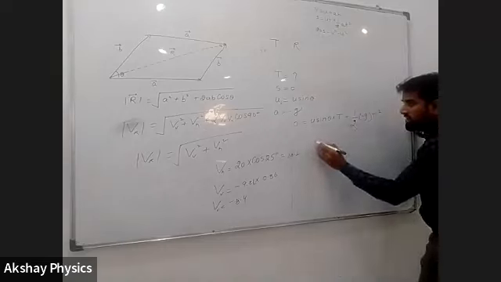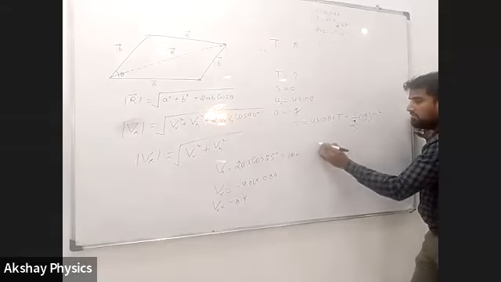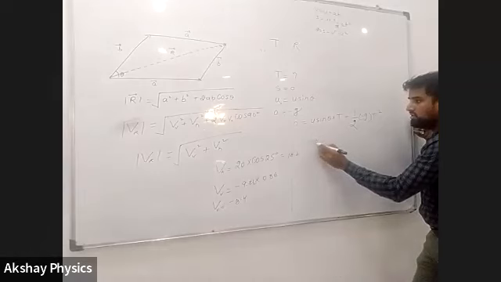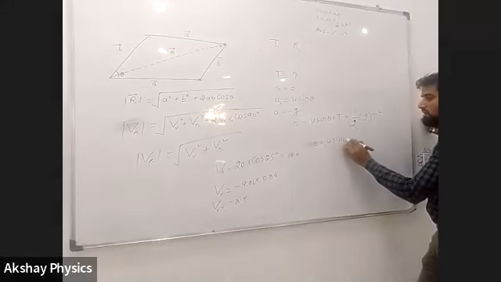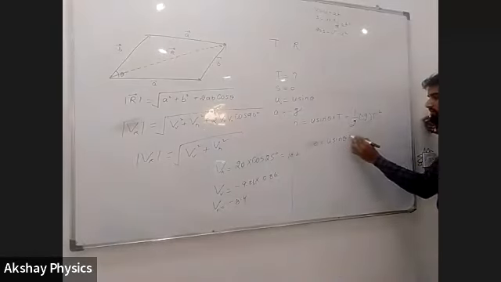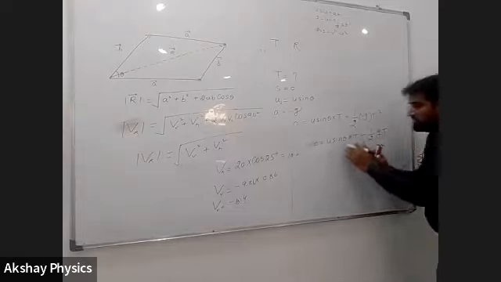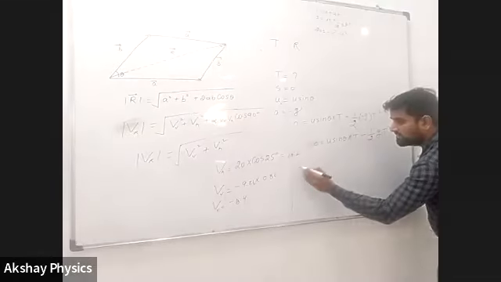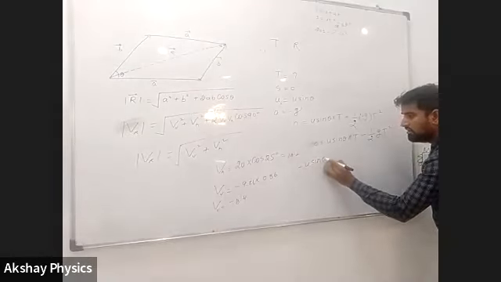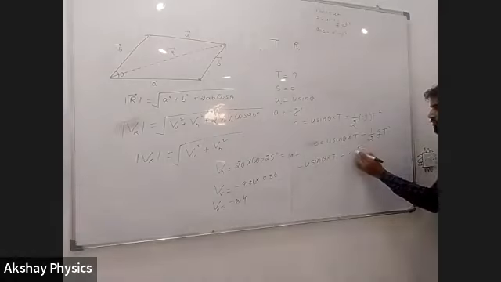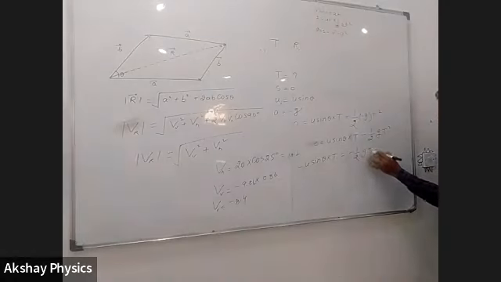So in this situation, this becomes 0 = u sin theta multiplied by T minus half g T squared. So minus u sin theta multiplied by T must be equal to minus half g multiplied by T squared.